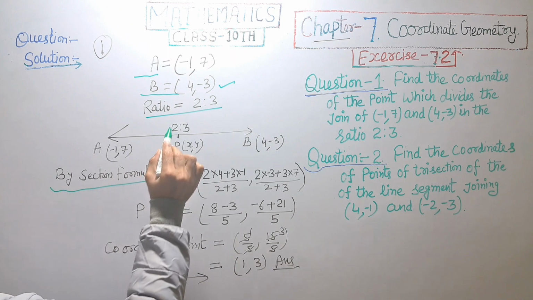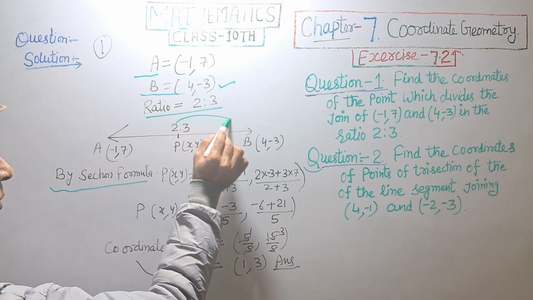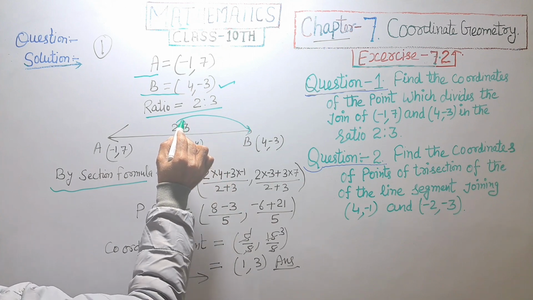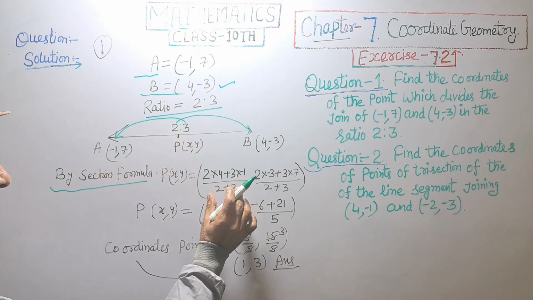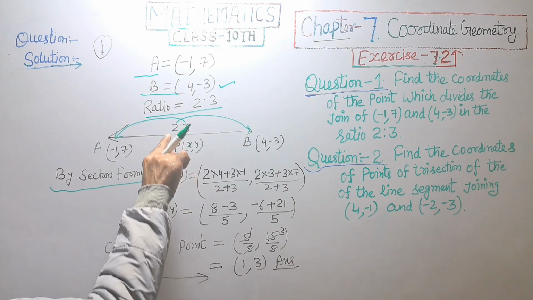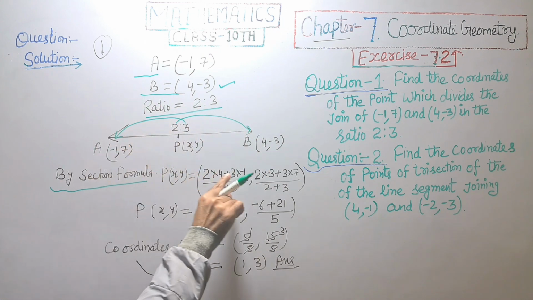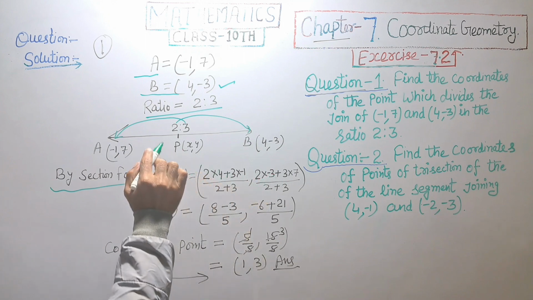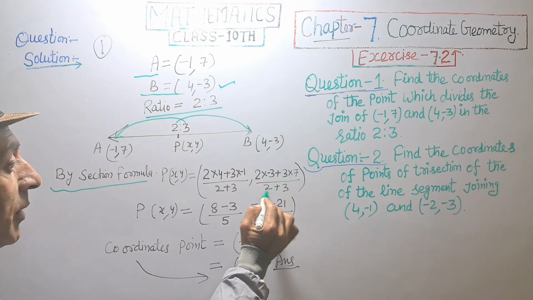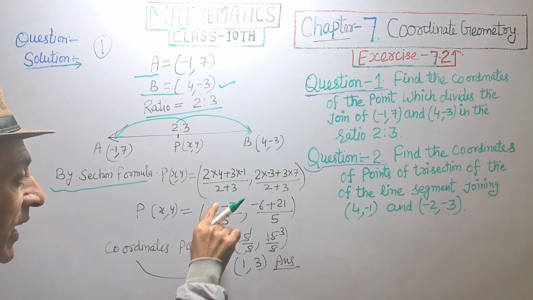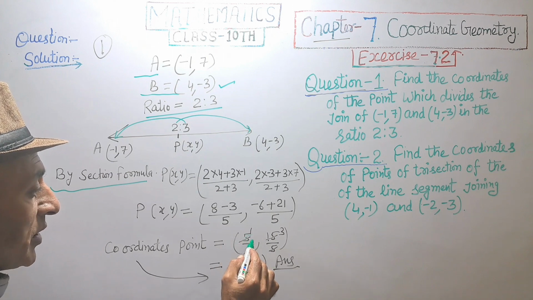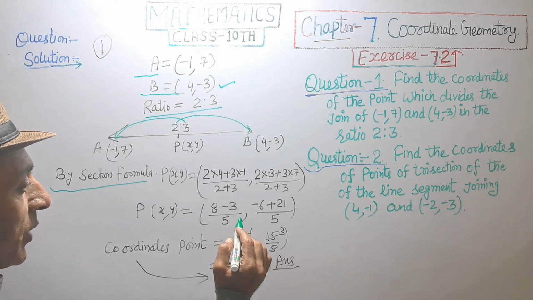Using the section formula, 2 multiply by 4 plus 3 multiply by -1 divided by 2 plus 3, that is the value of x, comma 2 multiply by -3 plus 3 multiply by 7 divided by 2 plus 3. 4 2s are 8, 3 1s are -3, 8 minus 3 is 5, and 5 divided by 5 is 1.